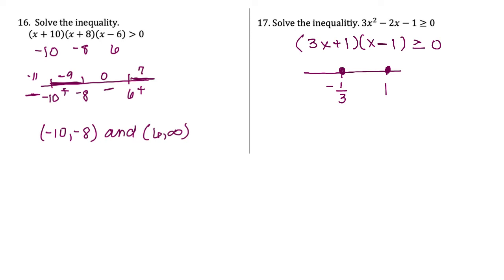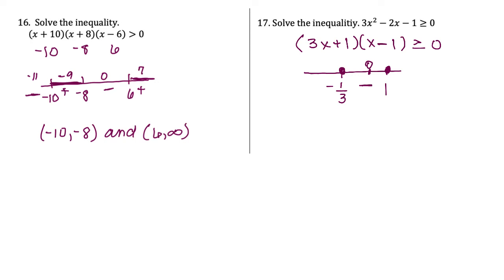And so first thing I would pick would be right here at 0. So let's plug in a 0, and I'm going to get a 1 times a negative 1. So those are all going to be negative inside there. And that negative is not going to comply with our being greater than or equal to 0. So that's not going to work.